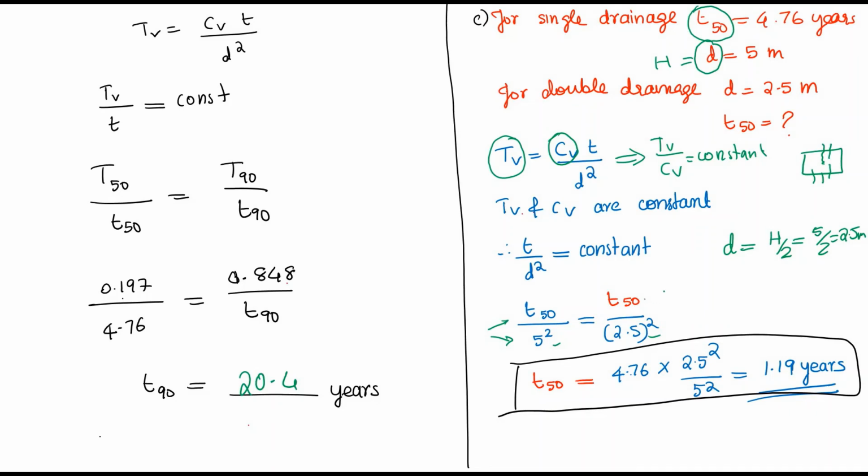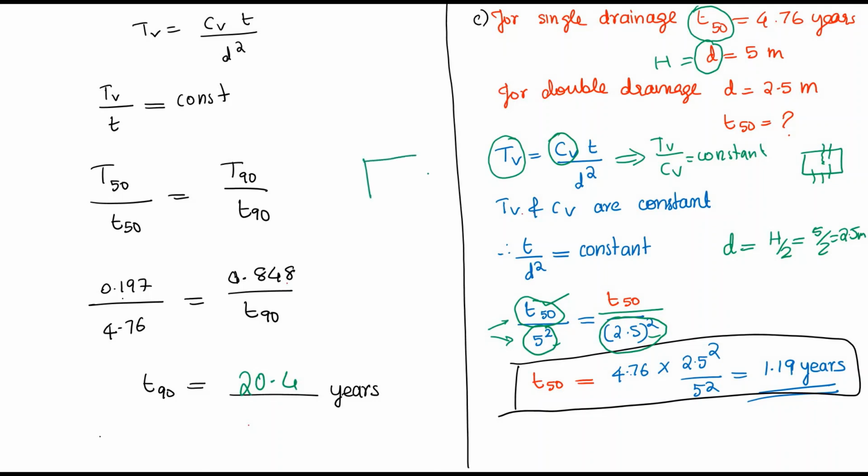So here we know the answer 4.76, the T50 for single drainage, and the thickness is 5 square. If it is double drainage, D square will be 2.5 square. T50 is to be found. When we cross multiply, we get 4.76 into 2.5 square by 5 square, which comes to around 1.19 years.